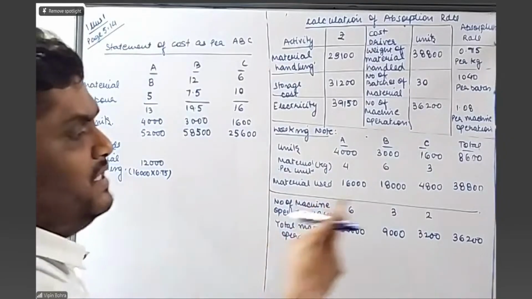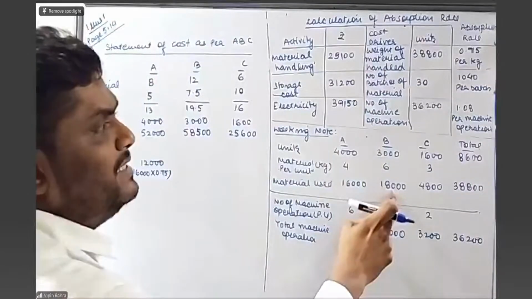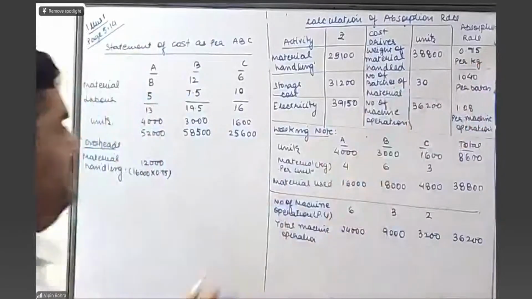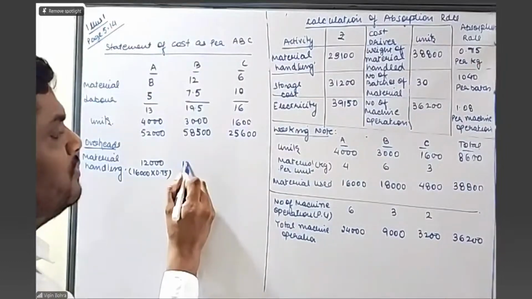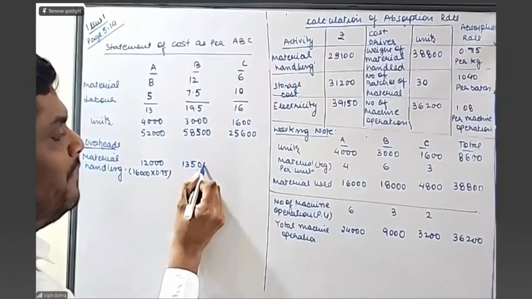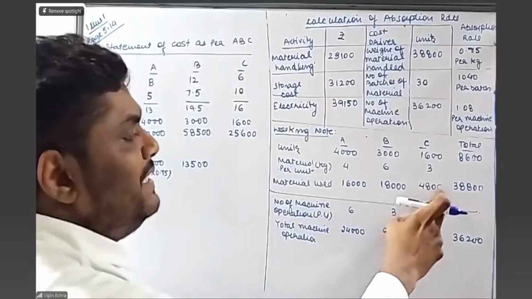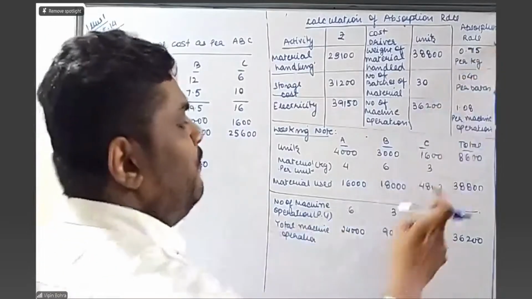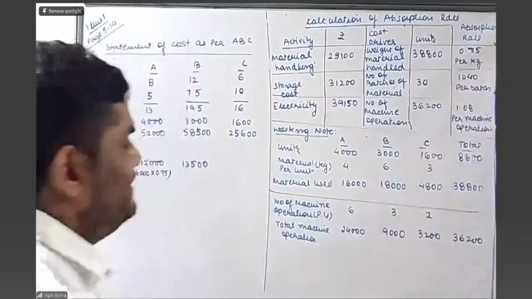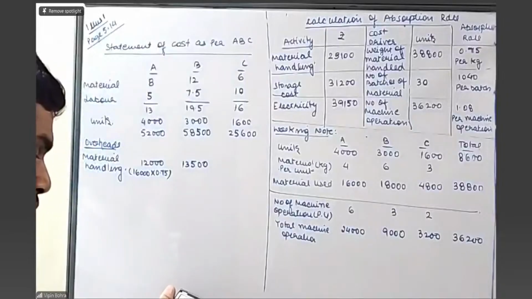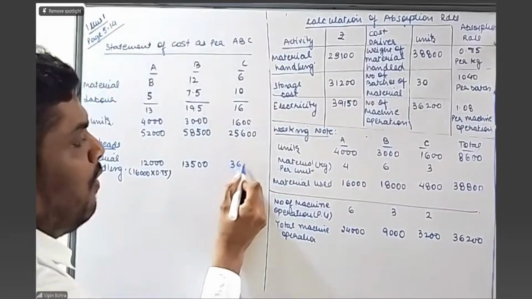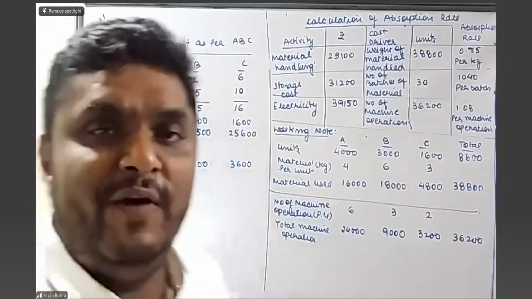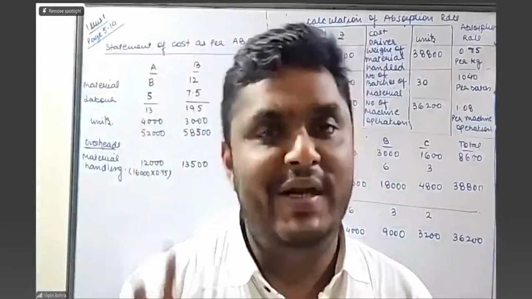Similarly, in the second case, material used in case of product B is 18,000 into 0.75. So this will be 13,500. Material used in C is 4,800, 4,800 into 0.75. So we are done with the first category of overheads, that is material handling.